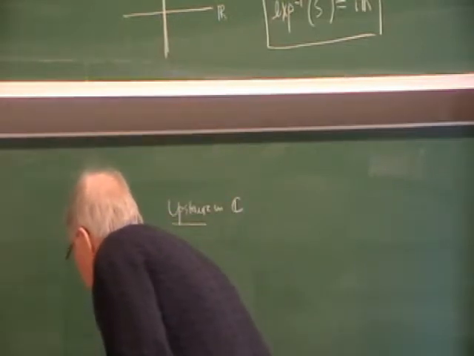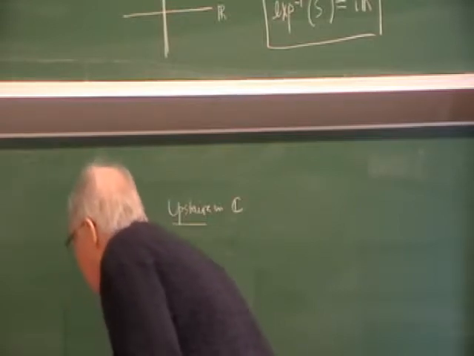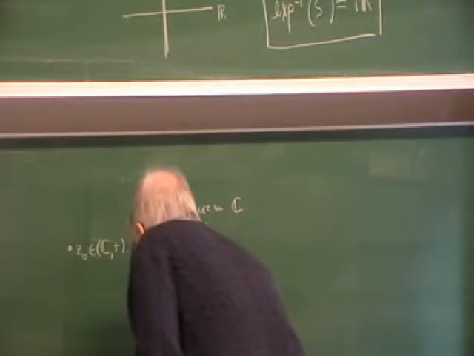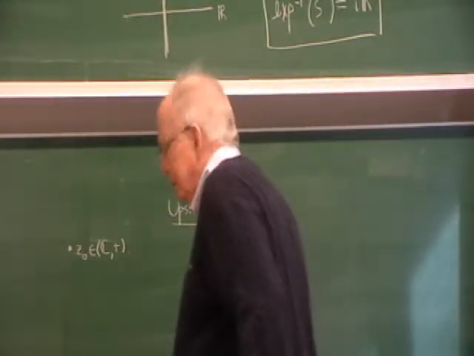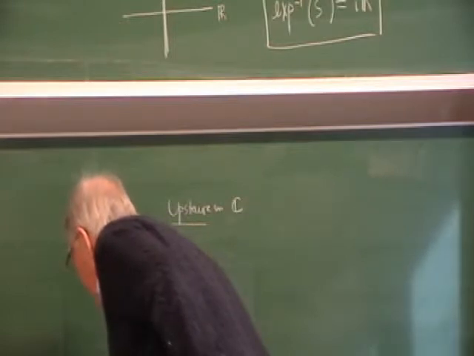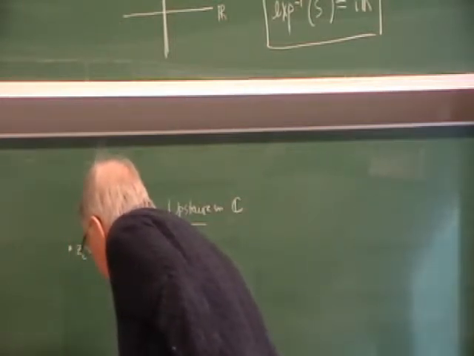And maybe let's make now finally a picture of what's going on here in C star. Here's C star. Here's 0. So that 0 is not even in it. And here's this point Z0 here.